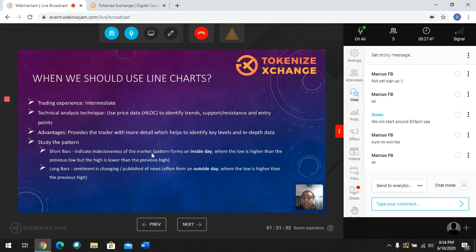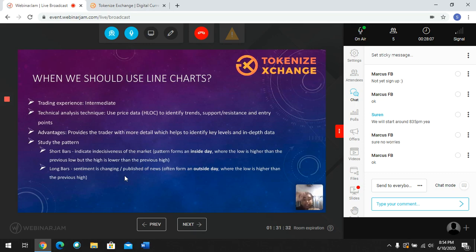And long bars mean sentiment is changing, or there is news published. Often it's also called an outside day, where the low is higher than the previous high. That means it's going on an uptrend.